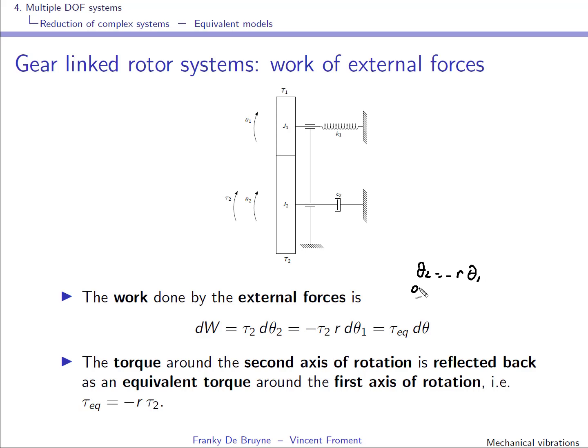So of course you have d theta 2 equals minus r d theta 1, and you plug that in and obtain this thing here. So we have an equivalent torque here. The torque around the second axis of rotation is reflected back as an equivalent torque around the first axis of rotation, and it's given by this expression here.